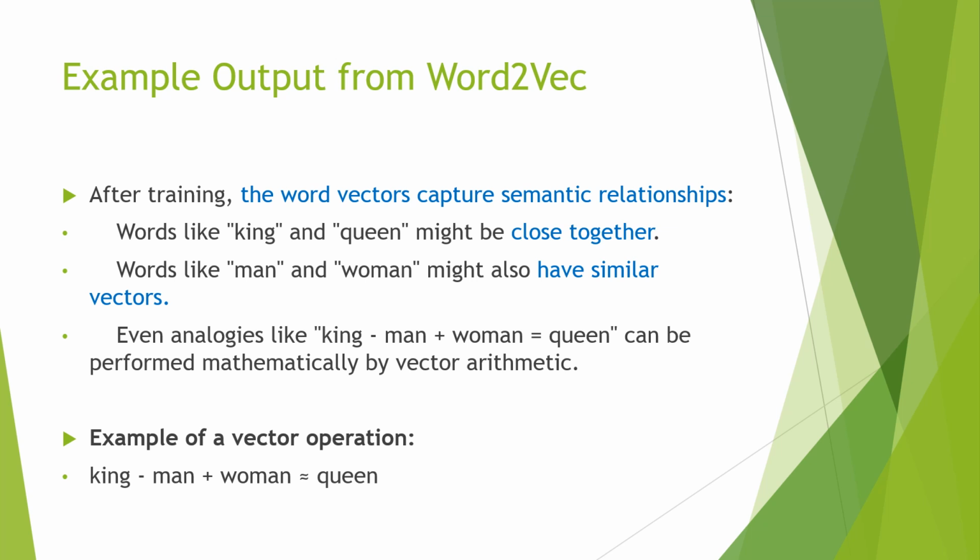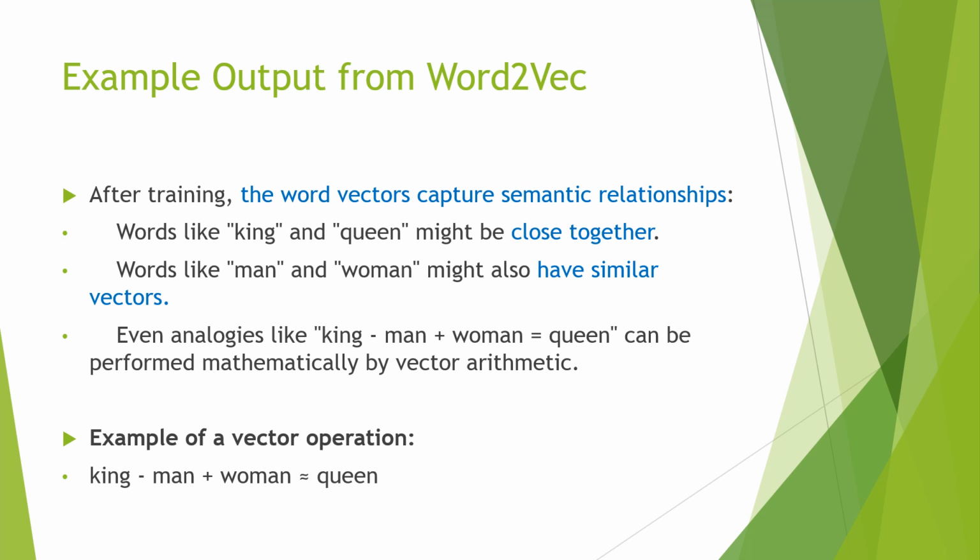After training, we get a better word vector representation that captures similar meanings between words. For example, if you have the word vector of king as 001, the word vector of man as 100, and the word vector of woman as 010, something like that, then we get the word vector of queen.